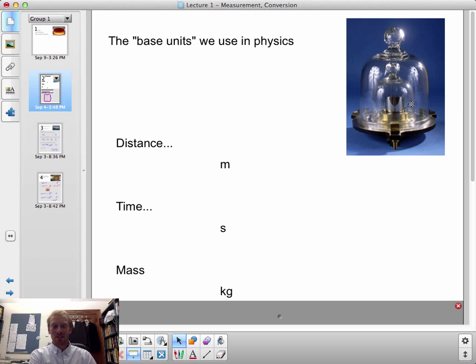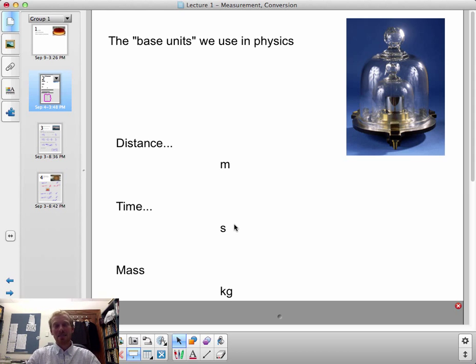This is not curricular, but it's kind of interesting. Distance is measured by the speed of light and an amount of time. It's the amount of distance that light travels in like 0.000000000, whatever it is, seconds.